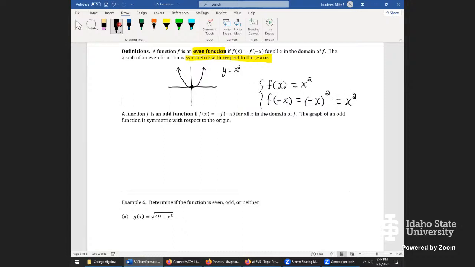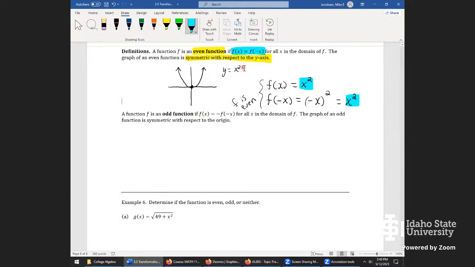So this alone shows f is even because we just demonstrated that this portion does hold. We got x squared both times. Well, taking a look at this, it's not a coincidence I used a power 2 there. 2 is even. And if you just have a variable raised to a power, that power has to be 2, 4, 6, 8, and so on to get an even function out. So that's definitely a nice hint on these kinds of problems.